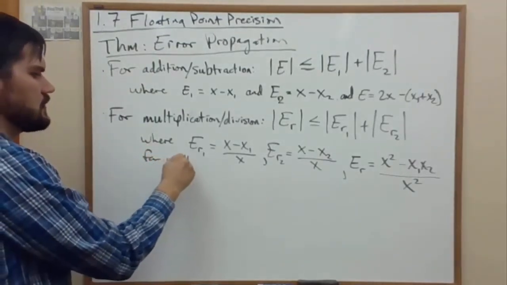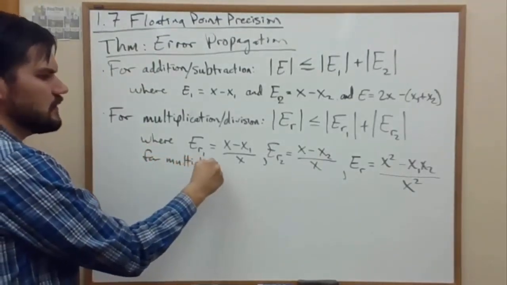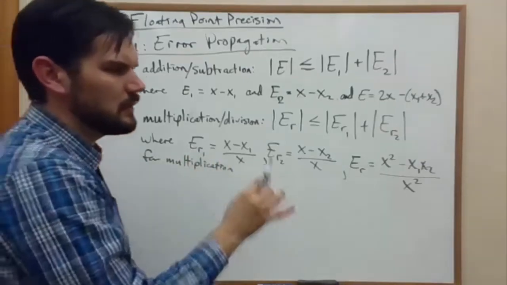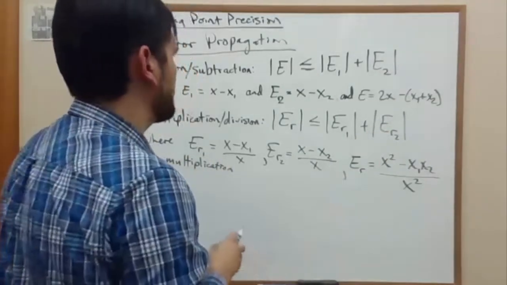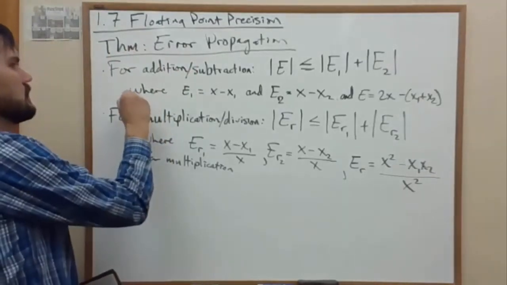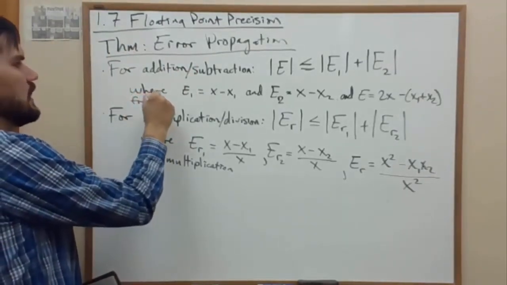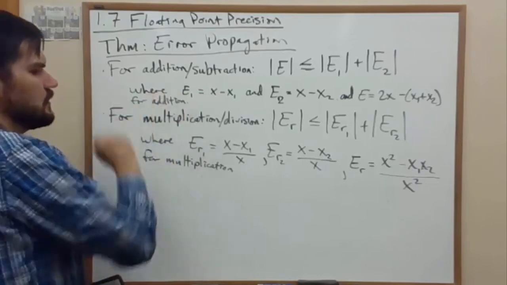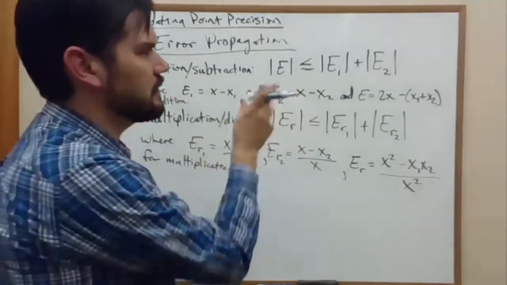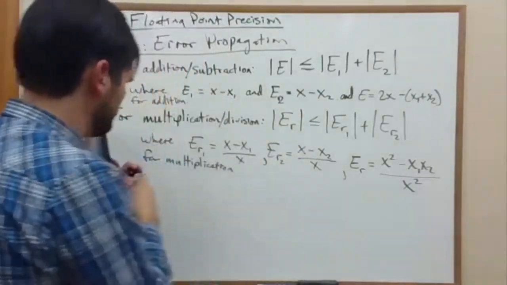And that's, of course, for multiplication. It's similar, but a little bit different. For division, you just end up dividing. And this one, of course, is for addition. And you could rewrite it with a slightly different form for subtraction.